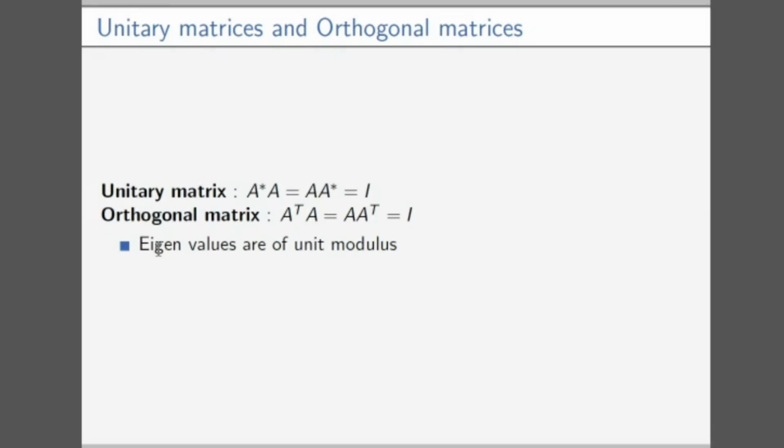Unit modulus in the sense, if a plus ib is an eigenvalue of a unitary matrix, then the modulus, root of a square plus b square, will be 1. That is what is meant by unit modulus.